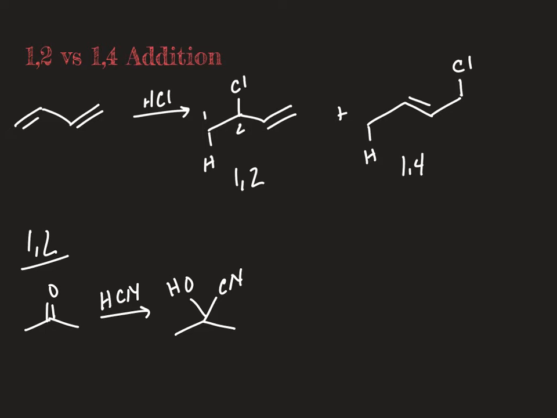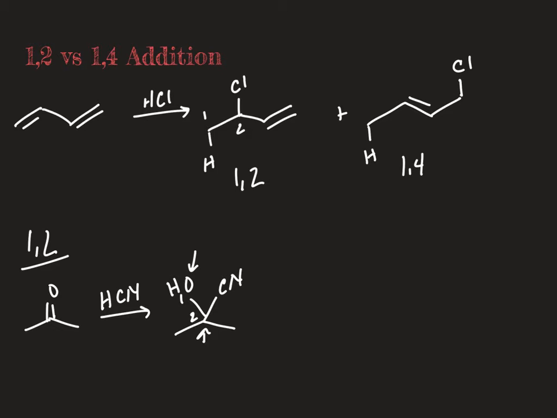We're adding the cyano group to the carbon and the hydrogen to the oxygen. So we can think of those as the 1,2 positions. Again, it's not always real clear that this is a 1,2 addition, but it does classify in that category.